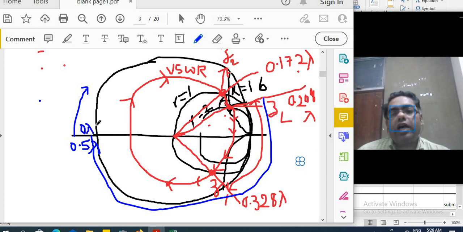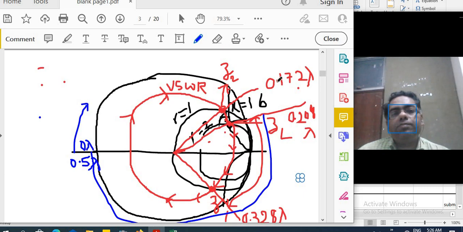Now to this, if I add this 0.172, this is the second distance we got, for which the impedance is Z2 at this point. This point from the center, if I extend, is 0.172 lambda, measured from 0.